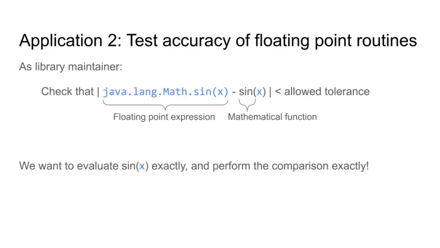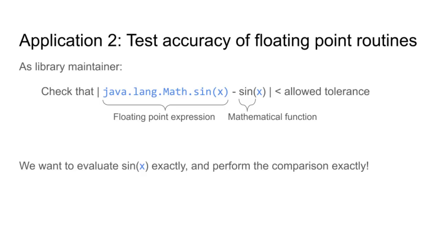We'd like to do that by just evaluating the expression on the slide and checking that the result is less than the allowed tolerance. This requires that we be able to essentially evaluate this expression exactly in order to check that the result holds.